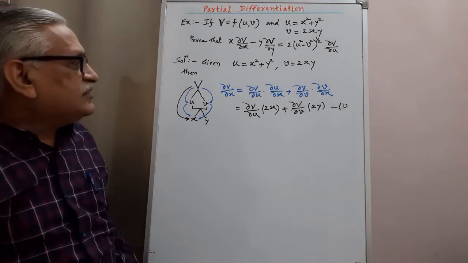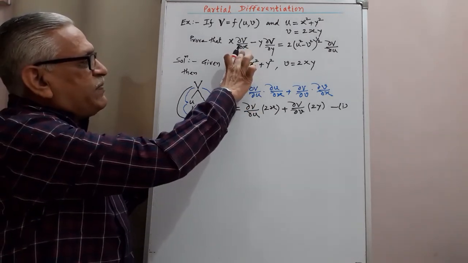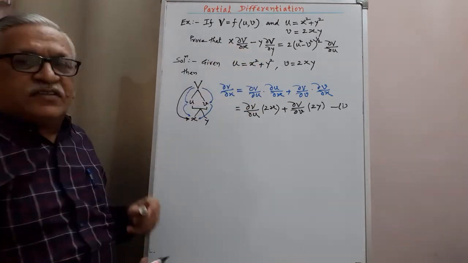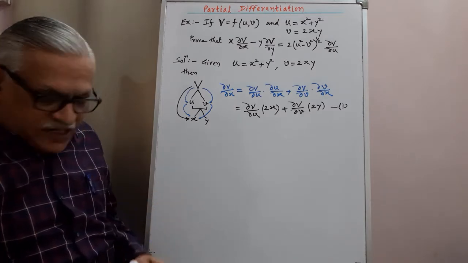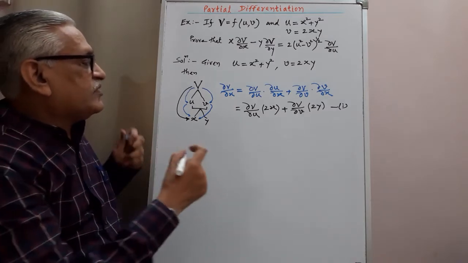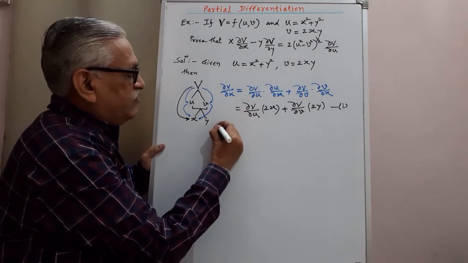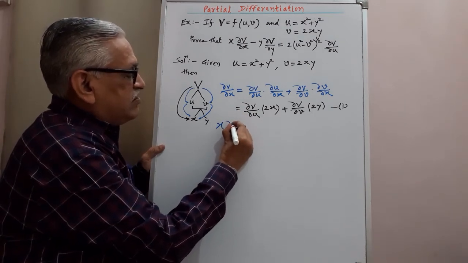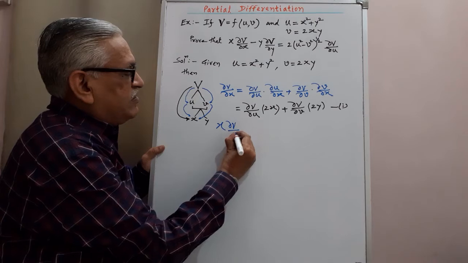Okay. Then dou V by dou x is multiplied by x. Therefore, performing that step, multiplying by x, we get x dou V by dou x.